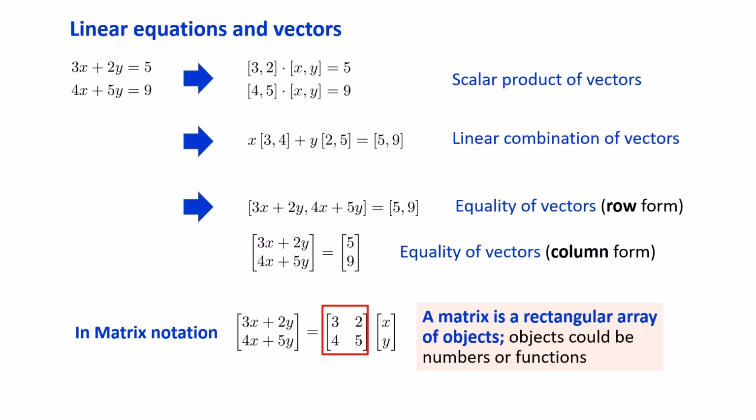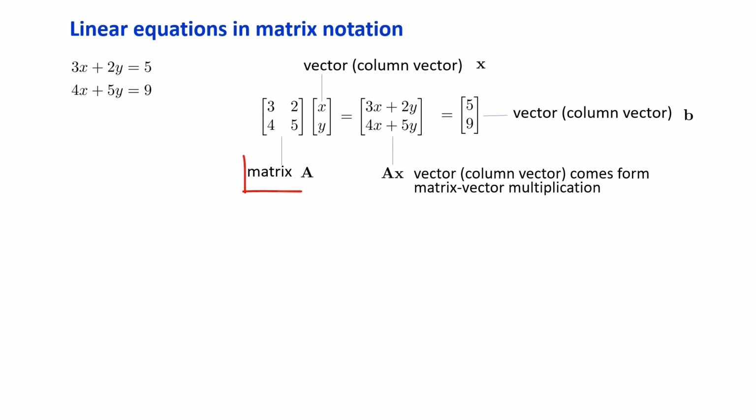Here we see the matrix 3, 2, 4, 5 undergoes some sort of multiplication type operation with vector x, y and produces vector 3x plus 2y, 4x plus 5y. We denote the matrix 3, 2, 4, 5 as matrix A, and x, y as column vector x.